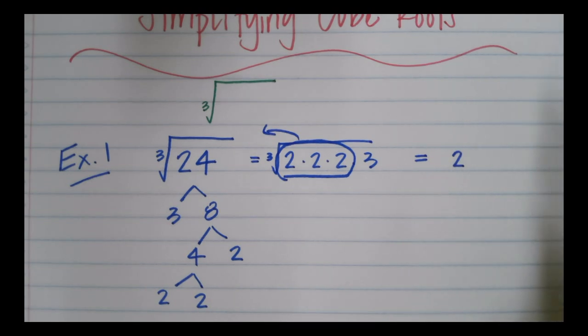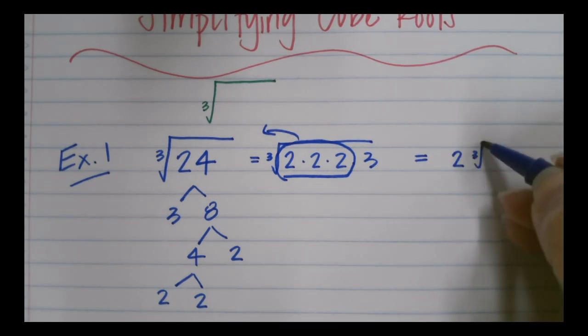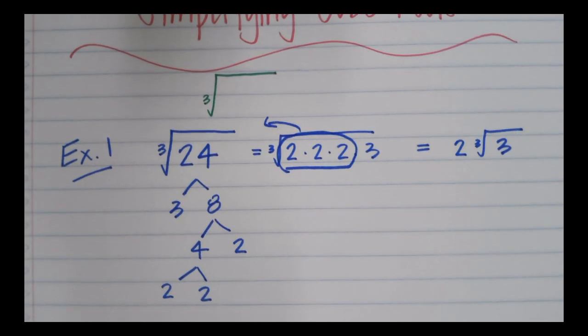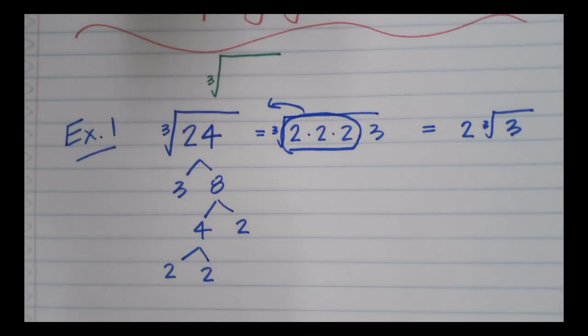Since I have three 2's, I can have a 2 out front, and that leaves the cube root of 3 inside. Very simple, similar to how square roots work, except we have to have 3 of a kind in order to come out in front.